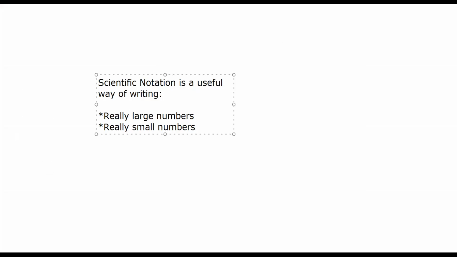Numbers that are huge, very large, things like the national debt, the national GDP, gross domestic product. Really small numbers, numbers that start off with a decimal point and then go out to a lot of decimals, they have a lot of zeros, and then you start with a number. That's also something that's useful to write in scientific notation. You can do this for positive or negative numbers. It does not matter.